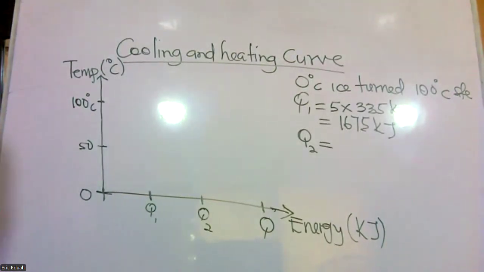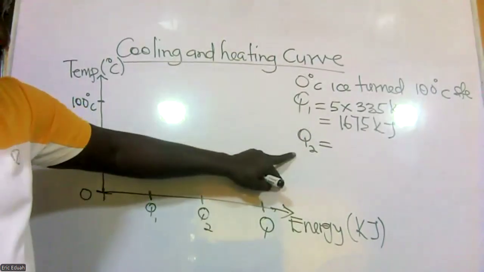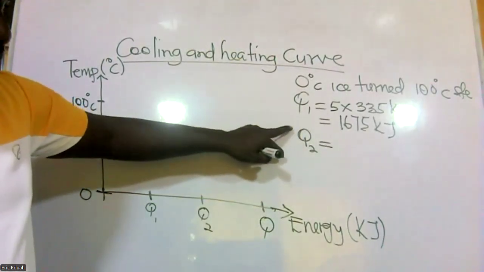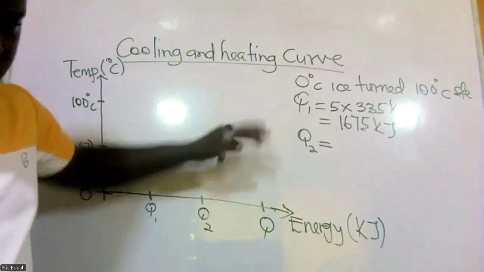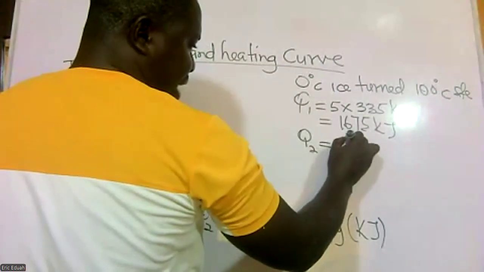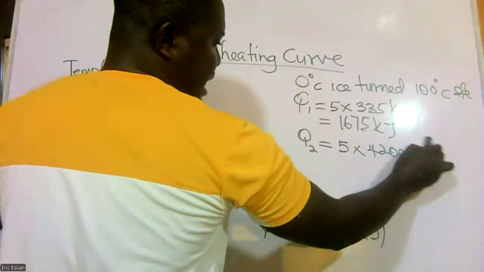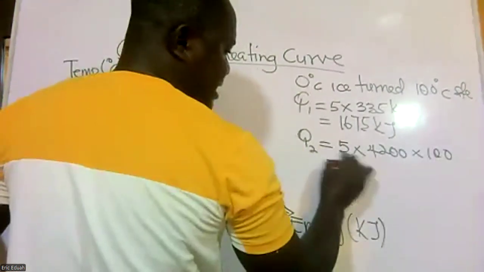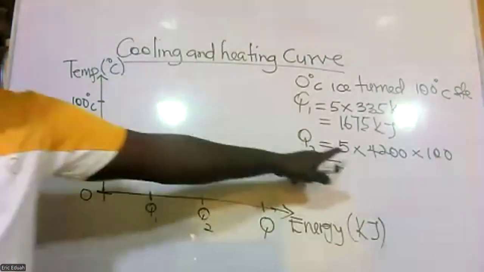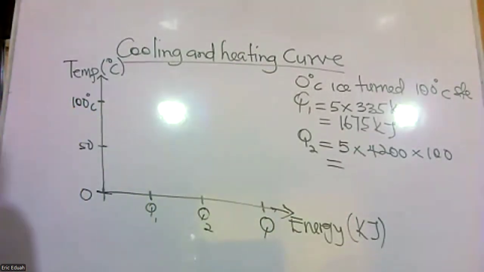Yes, please. Then Q2, after everything melted, the temperature of water at 0 was raised to 100. So the quantity of energy used is 5 times 4,200 times 100. And what did we obtain here? 5 times 42.